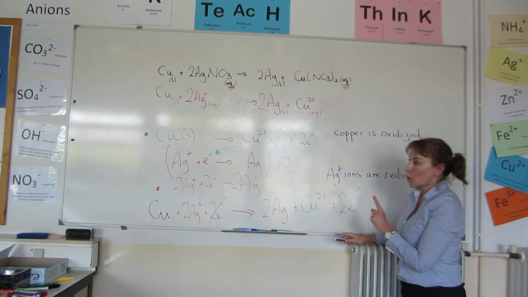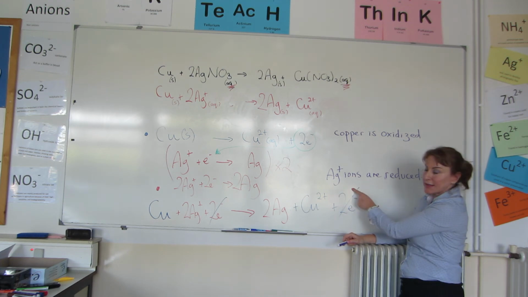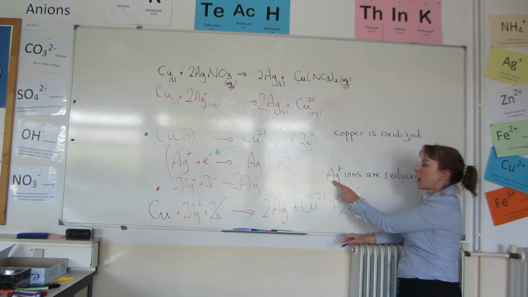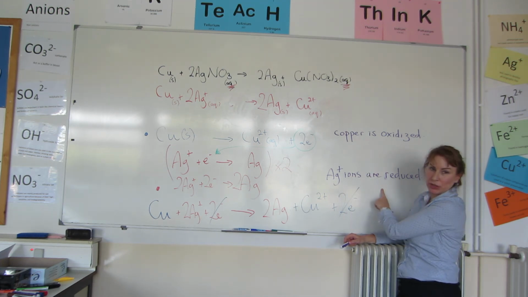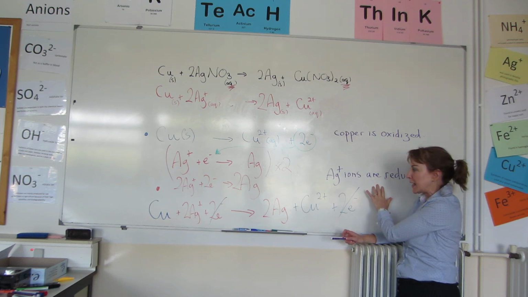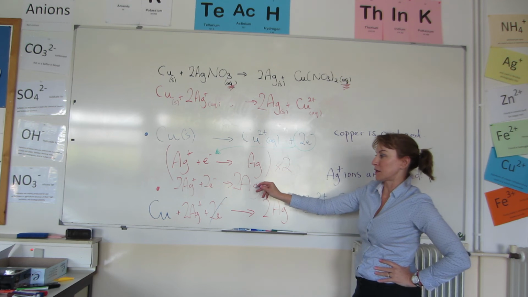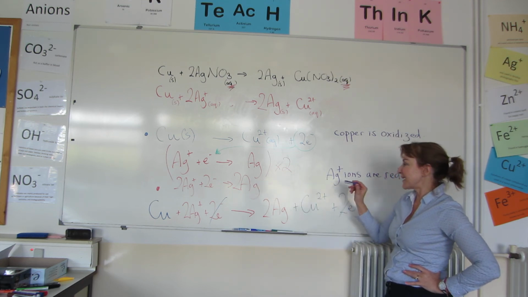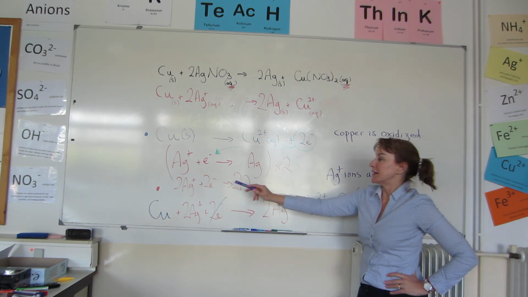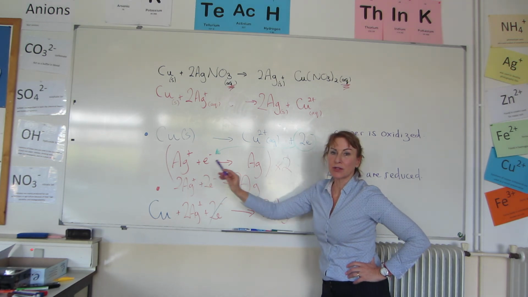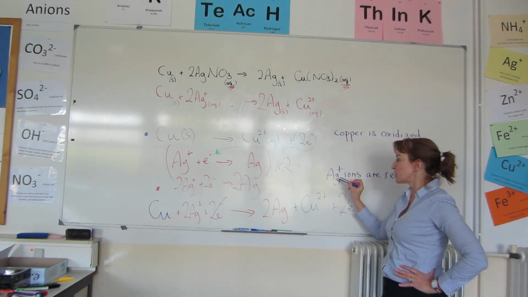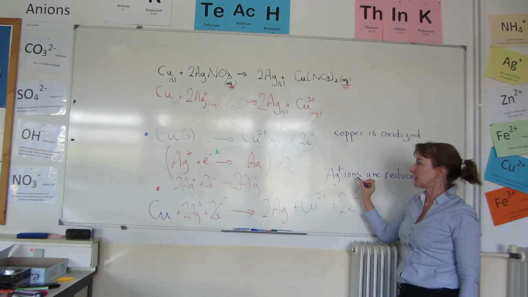It's really important that you write it like this, and you do not just say, silver is reduced. A very common mistake. What do chemists mean by silver? The metal. What gained electrons? Silver ions. So you must make sure that you write that very clearly in your answer.